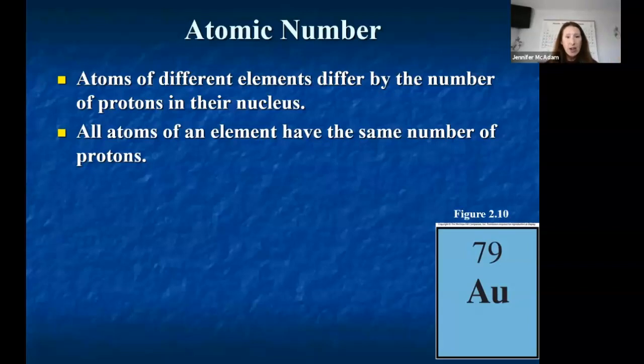And the reason iron has the properties it has is because of its number of protons in the nucleus. So the number of protons gives you the identity of the atom. You can't change protons. If we change protons, we change elements. We can change neutrons, and we can change electrons, but you can't change protons, right?